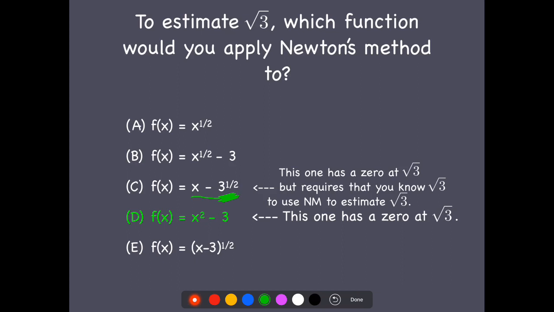So what that means is C, in theory, has a 0 where we want it, but it doesn't have a very useful formula because we're actually trying to calculate square root of 3, so obviously we can't use that value in our calculations. So that's why D is a better option.